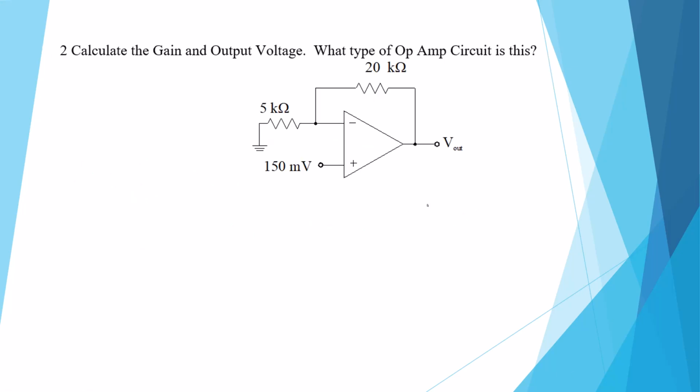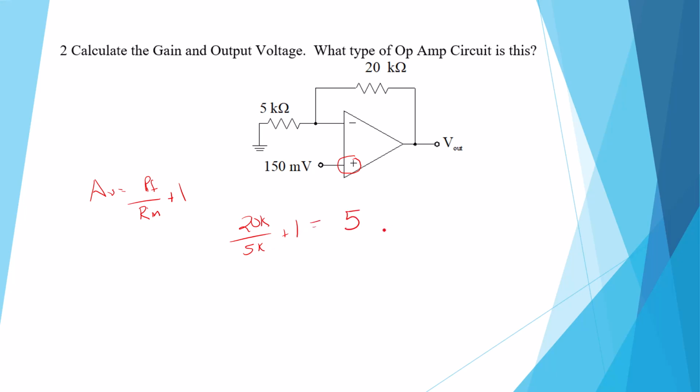Okay, this is a non-inverting amplifier because it is going into our non-inverting input, and its formula for gain, a small v, equals RF over Rn plus 1. So we have 20k over 5k plus 1 equals 5.